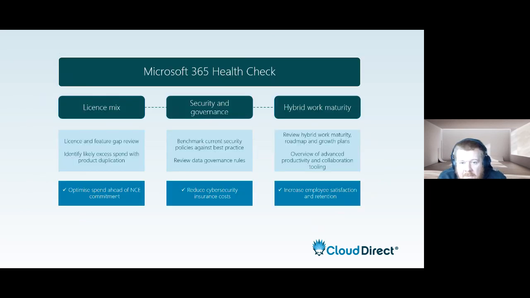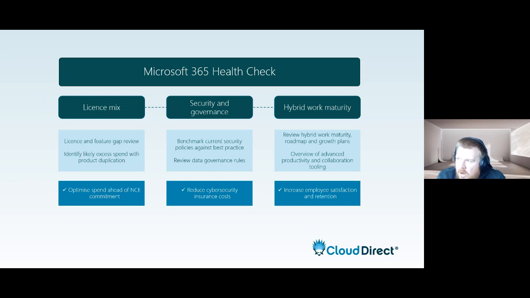Just in terms of that M365 health check, it includes a license and feature gap review. We can optimize your spend as part of that. We have a brief look at security and governance, so we can look at your current security policies against best practice. That's both Microsoft best practice and Cloud Direct experience.